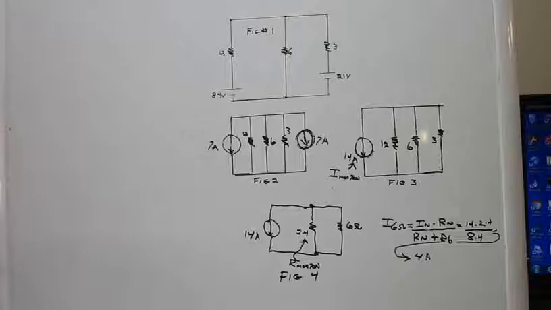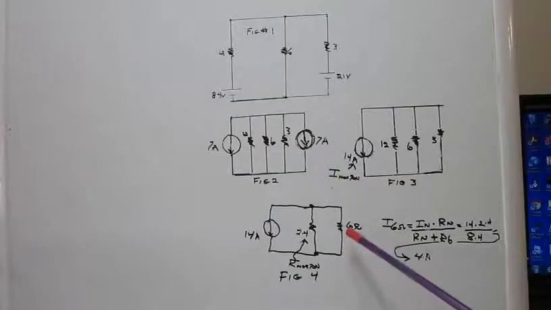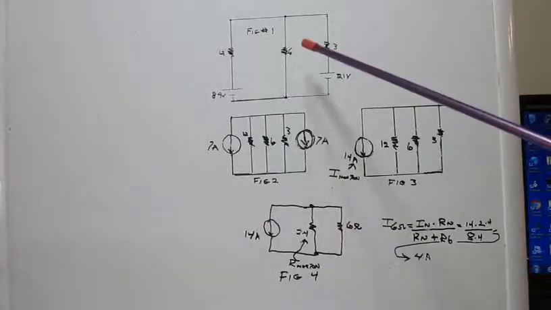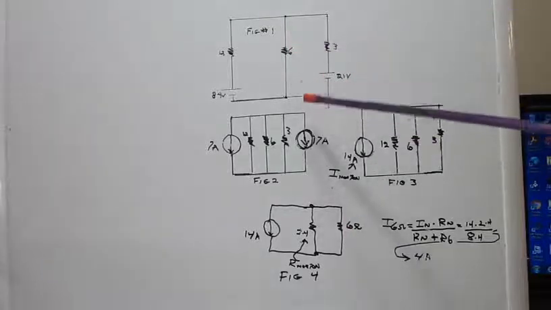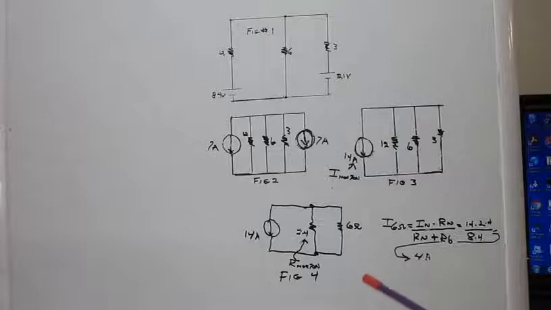Now the advantage of this method is that we can change this value to any value and determine the circuit parameters. In other words, we could change this to 12 ohms, and then change this to 12 ohms here, and we would have the current through the new 12 ohm resistor. So this Norton equivalent here stays pretty constant.